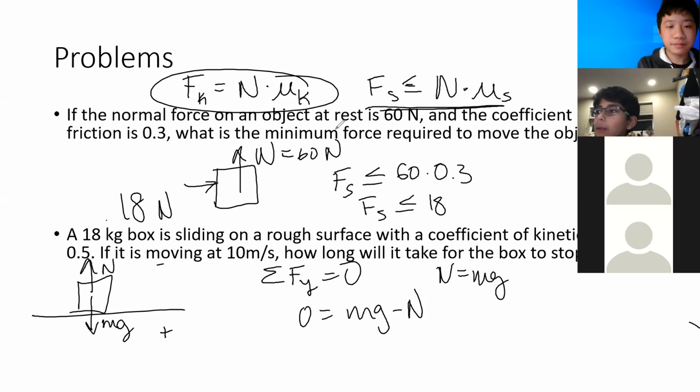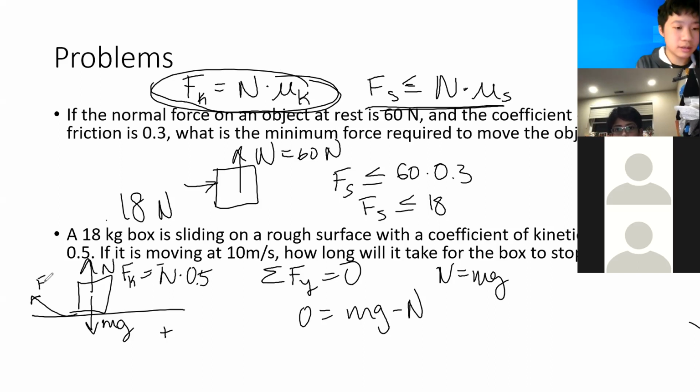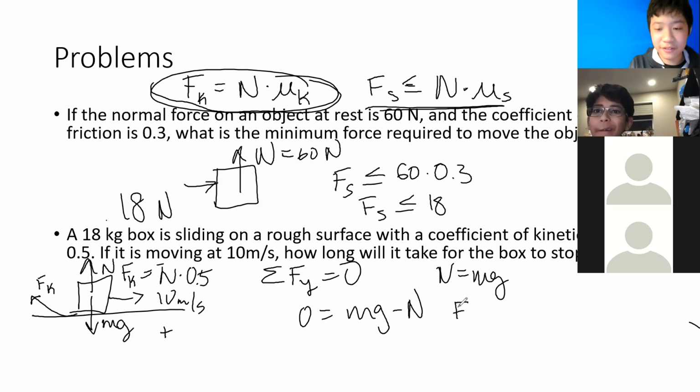So what is my force? Well, my force would be N times 0.5, correct? This would be my kinetic friction. And let's just pretend the box is moving this way. If we plug these values into our equation, our Fk is going to be mg times 0.5.